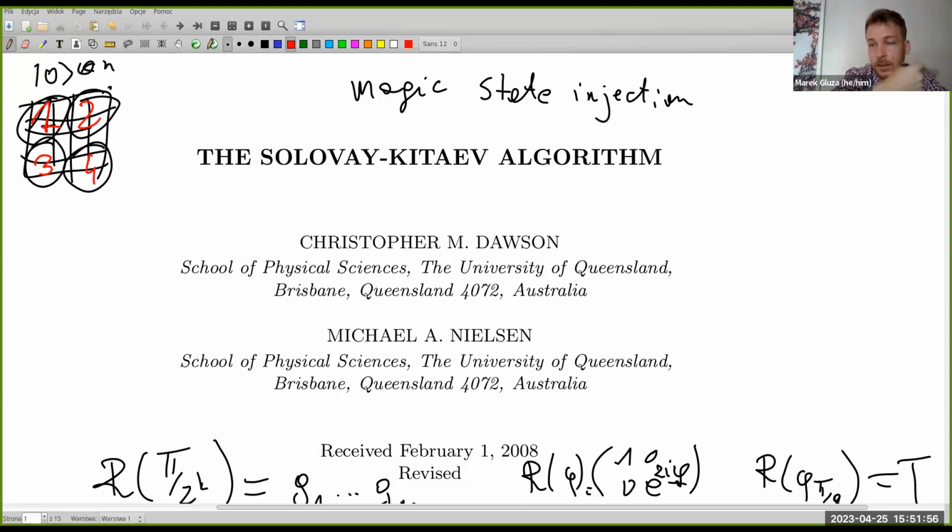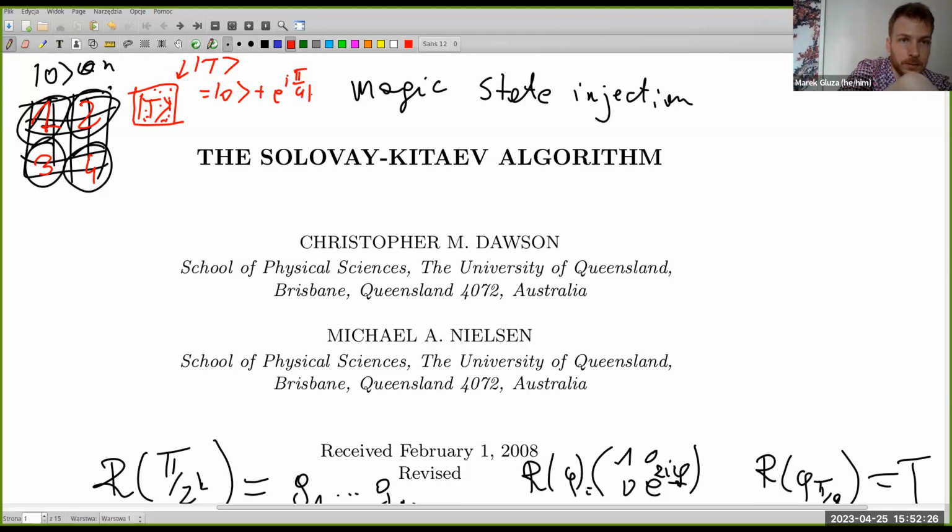Then I can have one more qubit, which will be giving me those T states. If I want to achieve this, I will be doing pulses on the individual physical qubits, and this should become the T state, which will be 0 plus i pi over 4, 1. I'm not so sure about this pi over 4, but I think that's the angle.